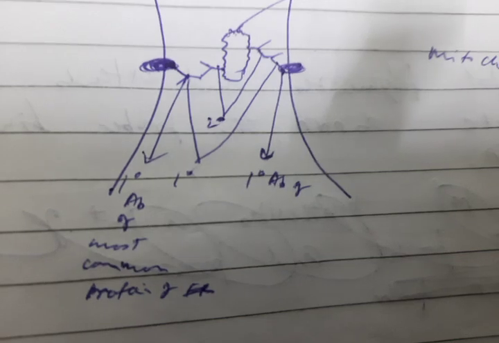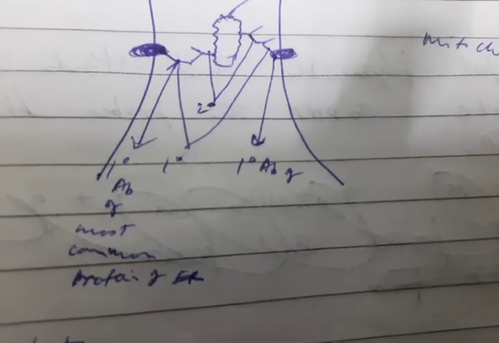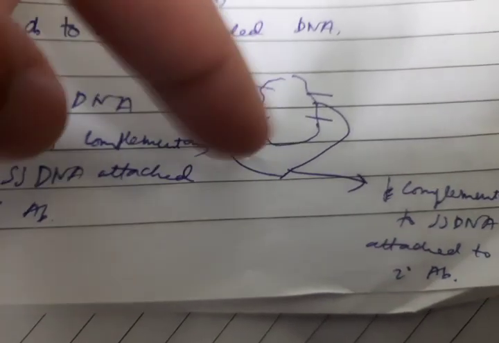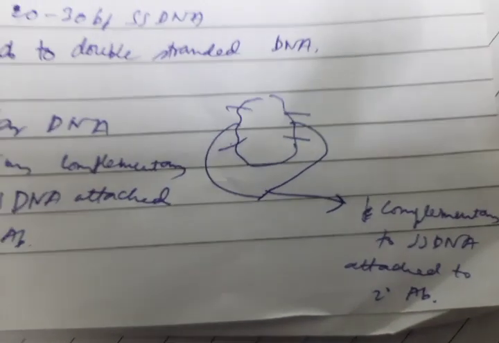So there, the antibody would be binding, and the single stranded DNA which is attached to the secondary antibody would complementarily base pair with the single stranded circular DNA, because it has complementary regions, right?